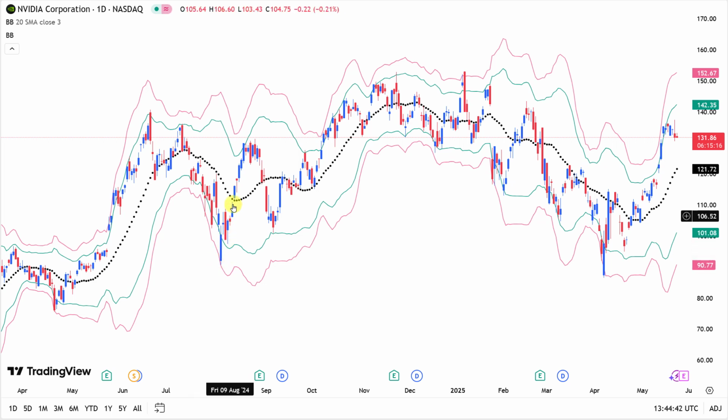Here it hits 3, goes to 2. I'm not going to talk about targets in this video. I'll leave that for another one, but I will say that in the back of my mind, when I see an extreme low at -3, my initial target is the opposite green band, so the opposite 2 standard deviations.